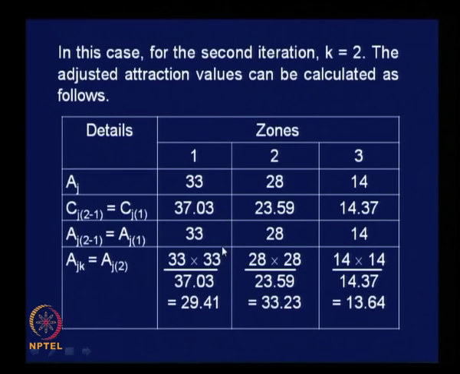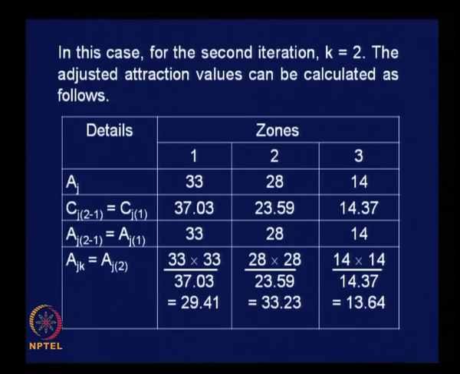By using this correction procedure, we get a value of 29.41 as attraction value for zone 1, which will be given as input to the subsequent iteration, and we are going to check whether we are able to get the desired result or not.